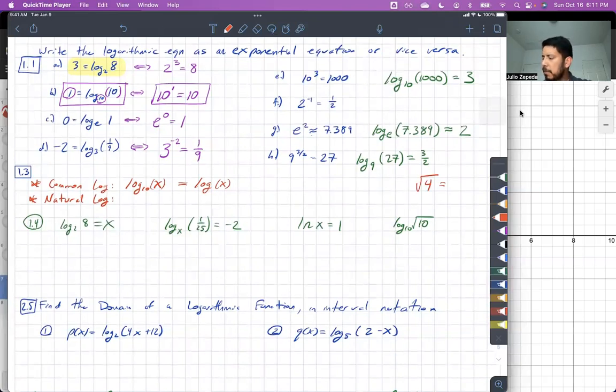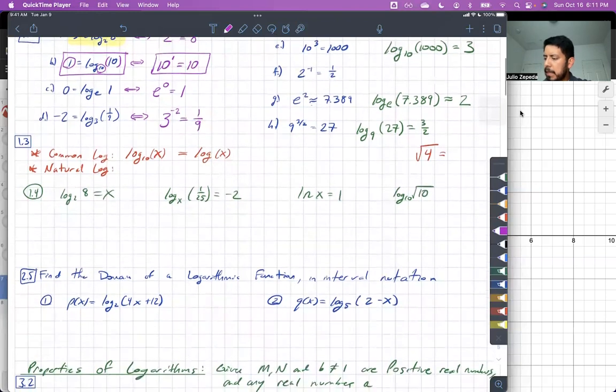There's another logarithm that comes up often enough in many applications called the natural log. And it is a log with a base of e. This has a special notation as well, since it comes up so much. It is ln of x, the natural logarithm.